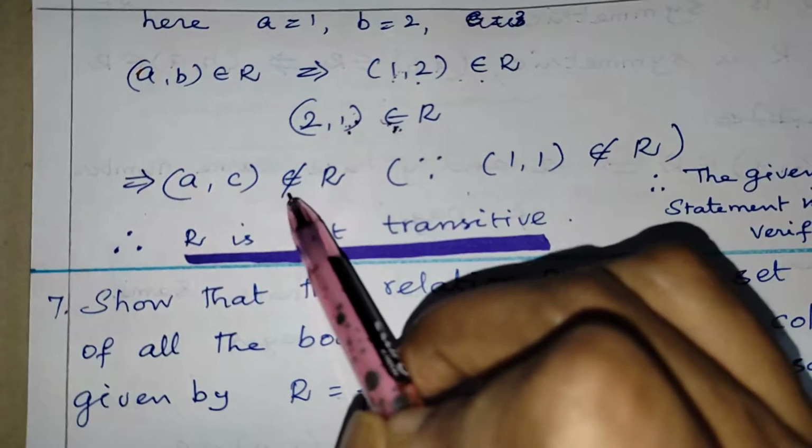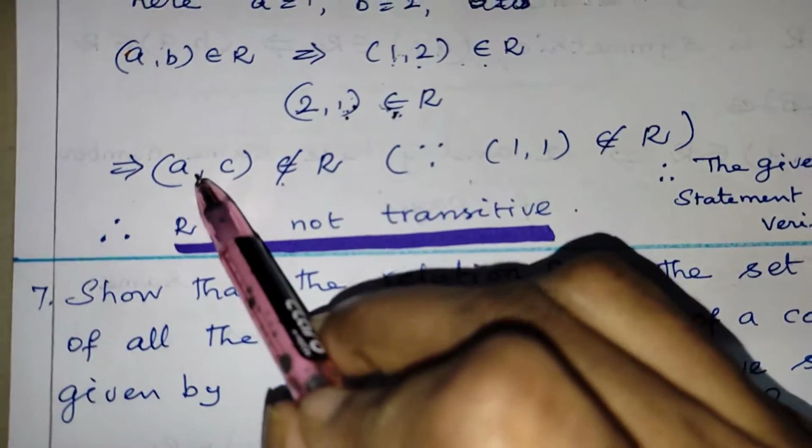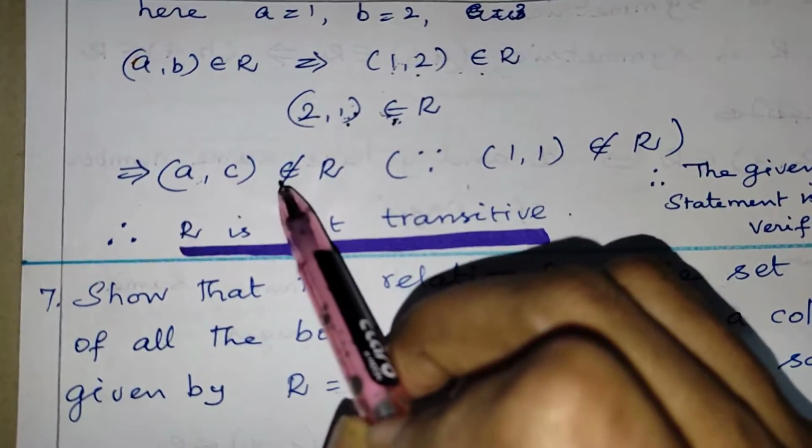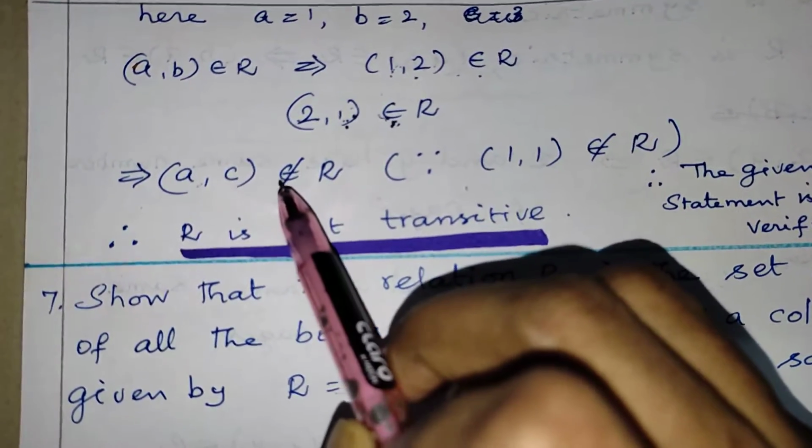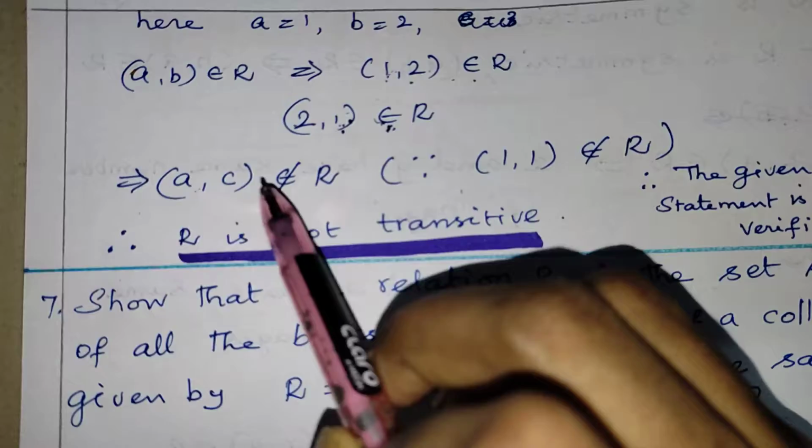(1, 1): does it belong to R in the given relation? No, there is no pair (1, 1).